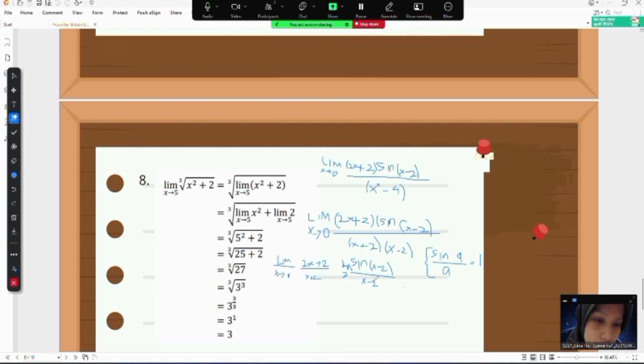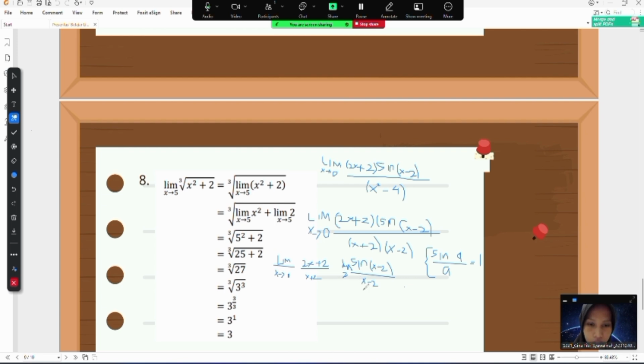As a reminder, for limits, if we have this shape, sin(a) over a, that equals 1. So for this one we get the result 1. So the limit as x approaches 0 for sin(x minus 2) over (x minus 2) is 1.